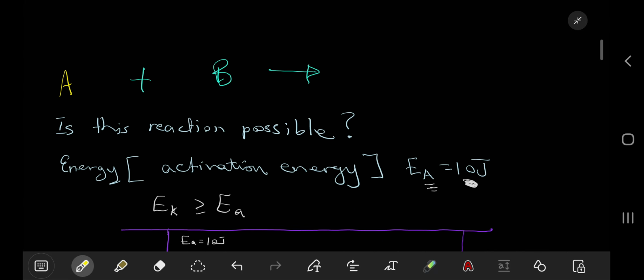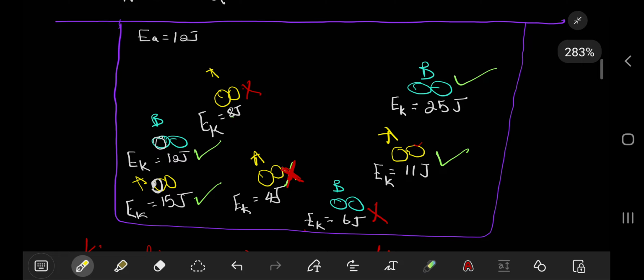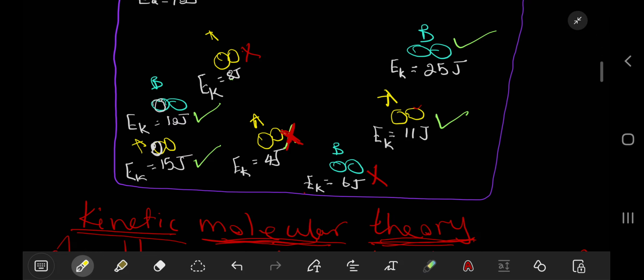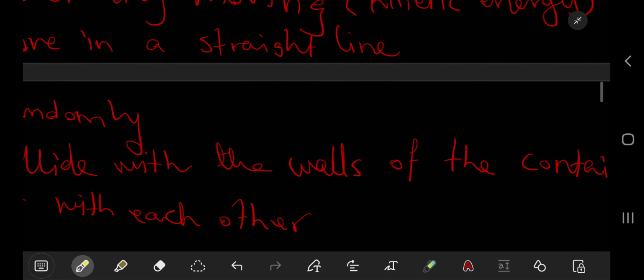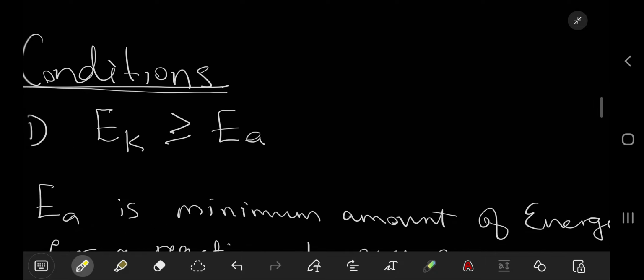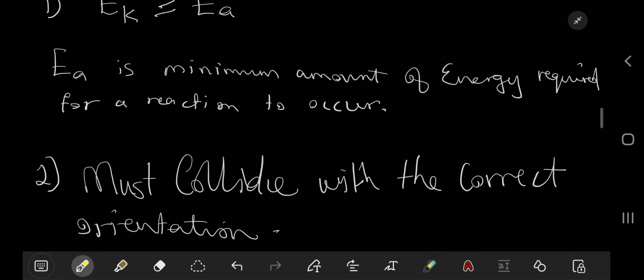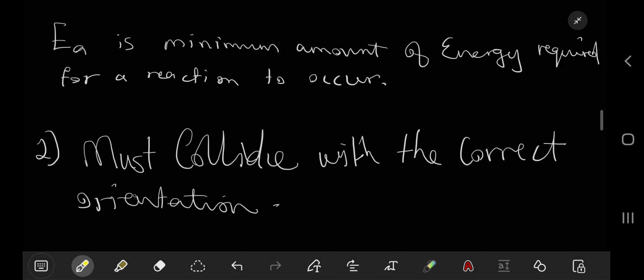So we said if we have particles of A and particles of B inside a container, the first condition that must be met is that the kinetic energy of these particles that will take part in the reaction must be at least equal to or greater than your activation energy, whereby your activation energy is the minimum amount of energy required for a reaction to occur, right? And condition number 2 is that they must collide with the correct orientation. So the reactants must collide with the correct orientation.